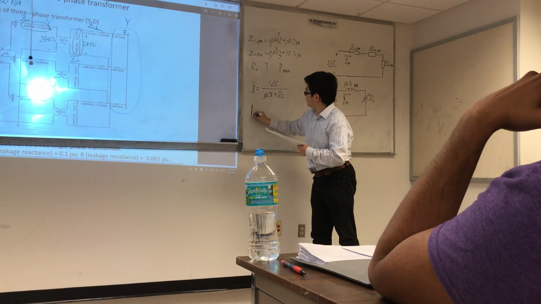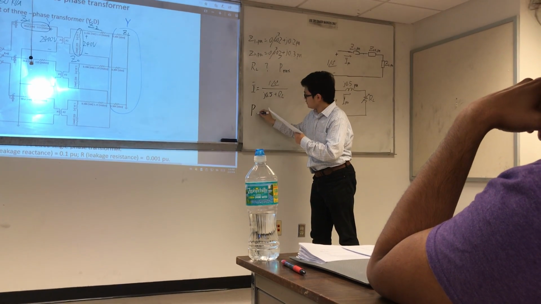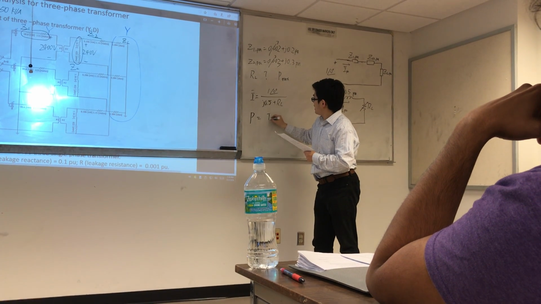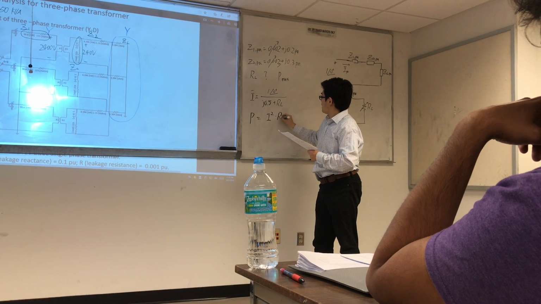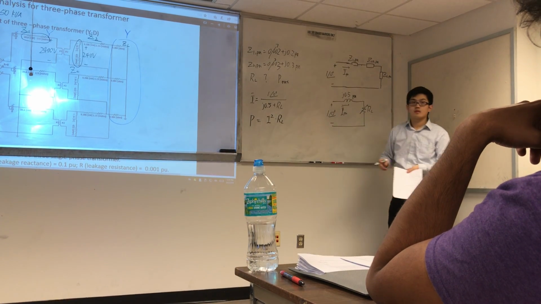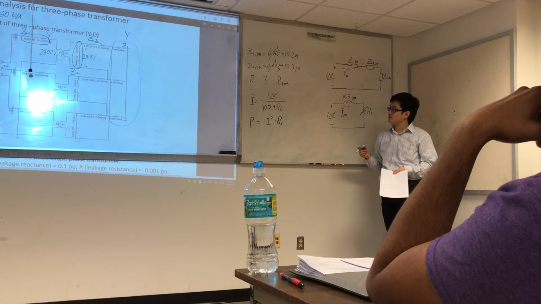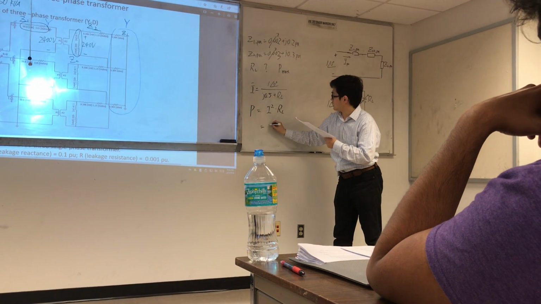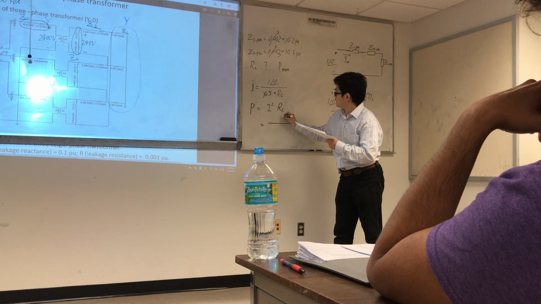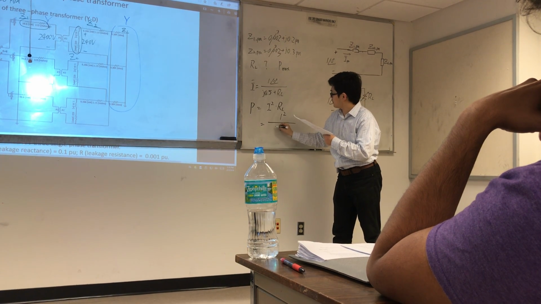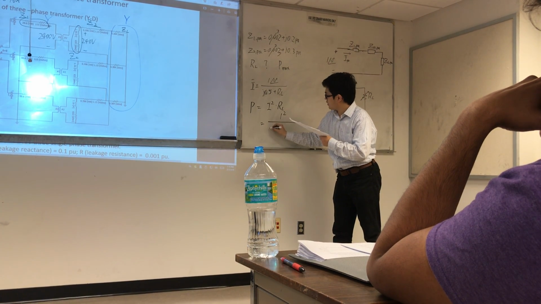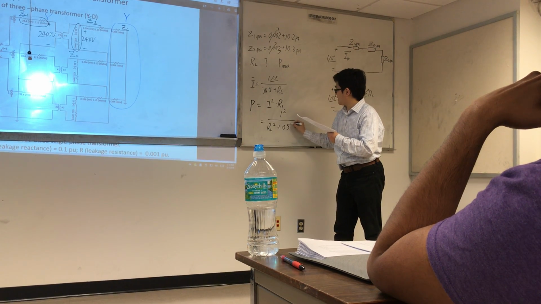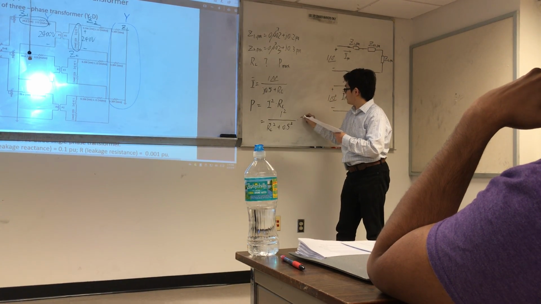Okay, so what's your power? Your power is I squared times RL. So what's your I squared? I squared is 1 squared divided by RL squared plus 0.5 squared, times RL.